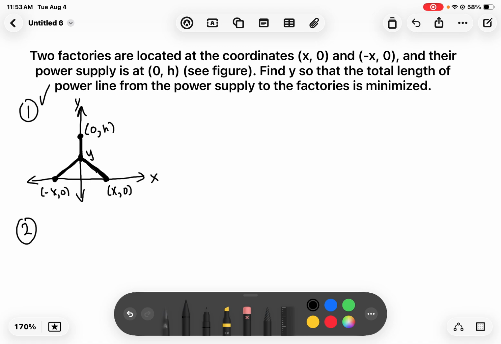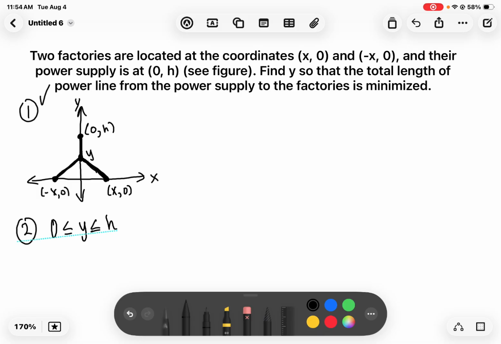The two factories are located specifically at x0 and negative x0, and the power supply is specifically at 0, h. Therefore, the only variable we have in this problem is y. Notice that y is right here in between h and 0, so the constraint on y is that it must be between 0 and h.